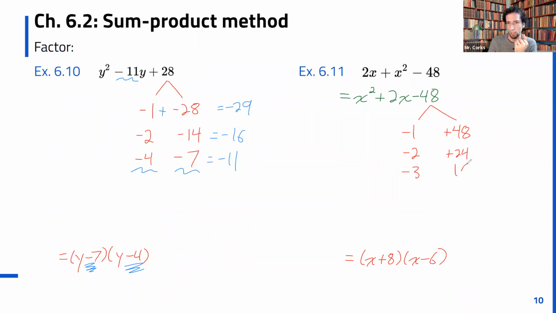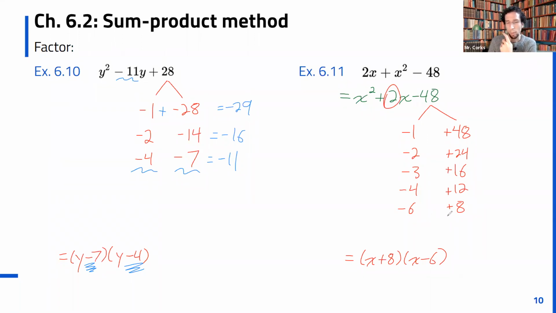We can notice here that the b value is just 2, so things like 1 and 48 are obviously going to be really far. We want two factors that are pretty close. But let's write some more of these out a little faster: 4 and 12, and we have -6 and positive 8. And okay, it looks like that's the end there.